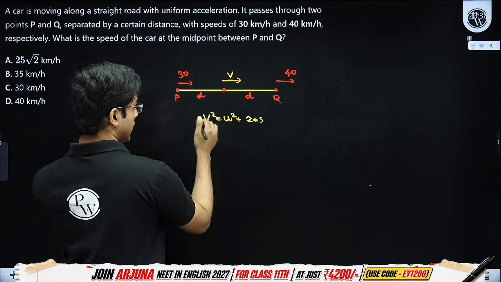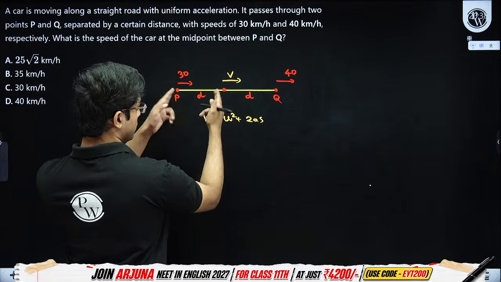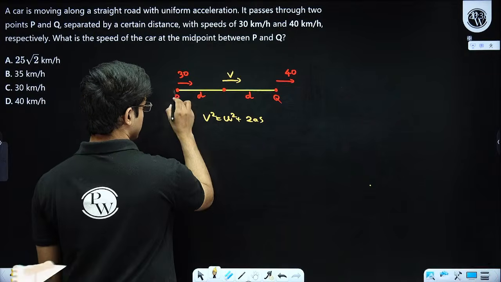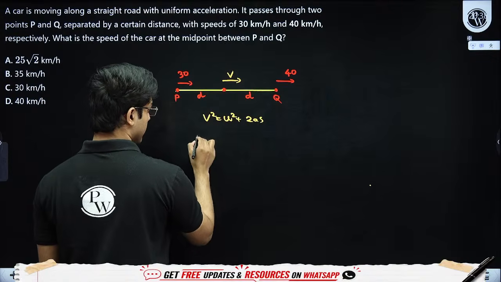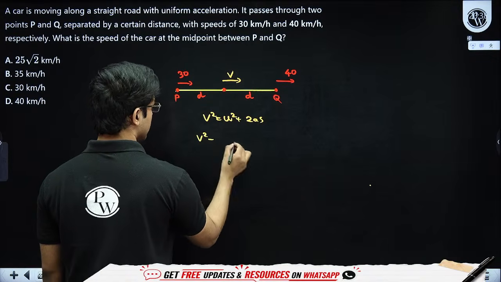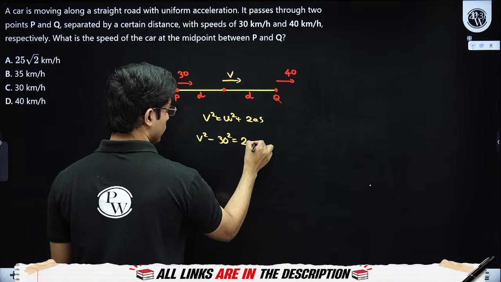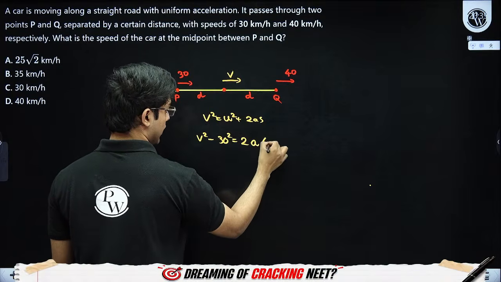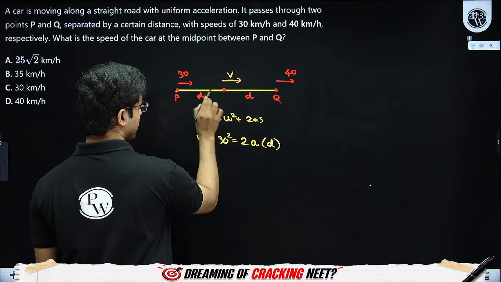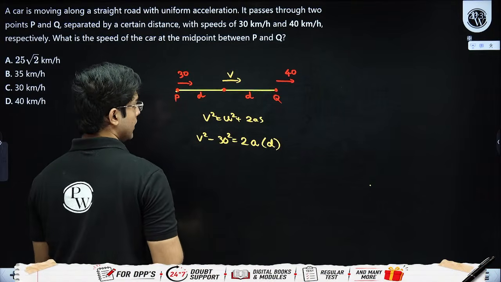First I'll apply it between the first 2 points, this point P and the middle point. So v square minus u square equals 2 into acceleration into displacement, and from here to here the displacement is d.